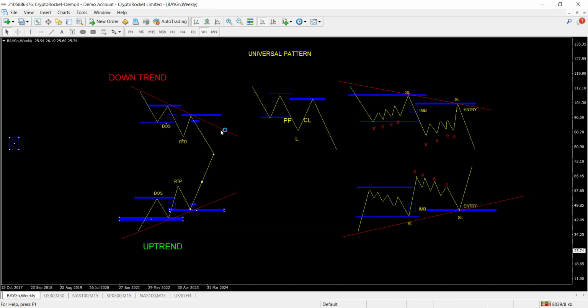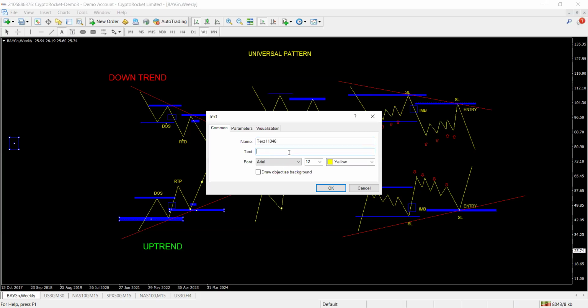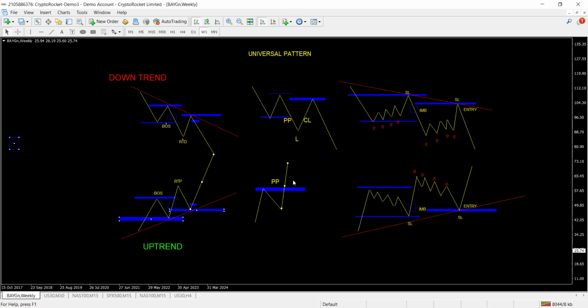All right. Now, in an uptrend, it's just the opposite, right? We know that this phase, the moment it breaks above a high, is a push phase. PP, right?